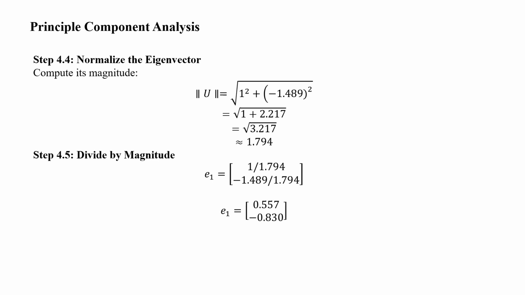Step 4.5. Divide by the magnitude. Now we divide each component of the eigenvector by 1.794. So the unit eigenvector E1 becomes 1 divided by 1.794 and negative 1.489 divided by 1.794.